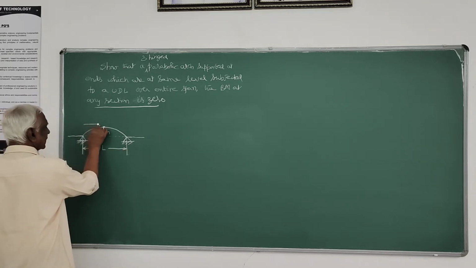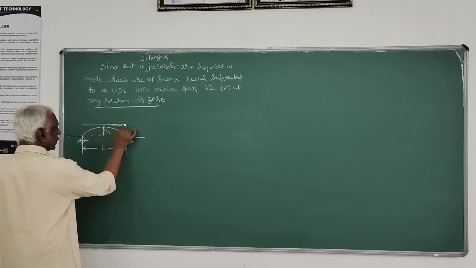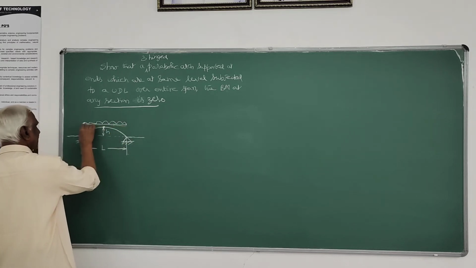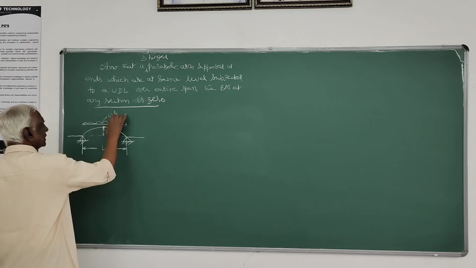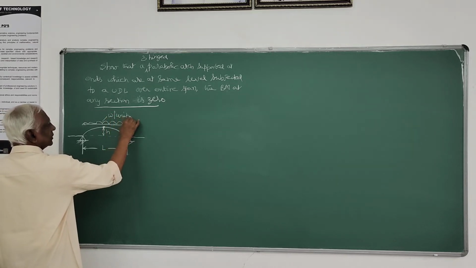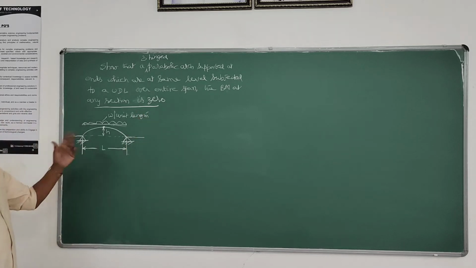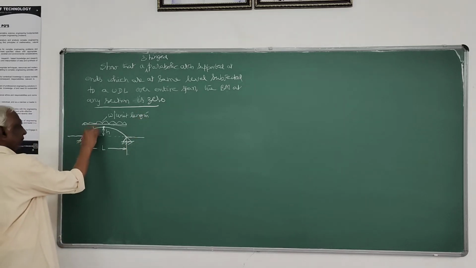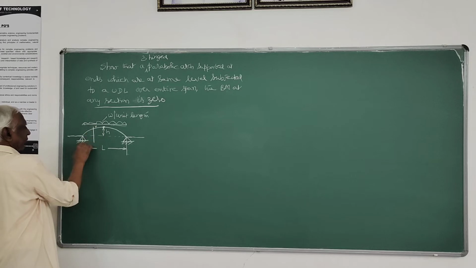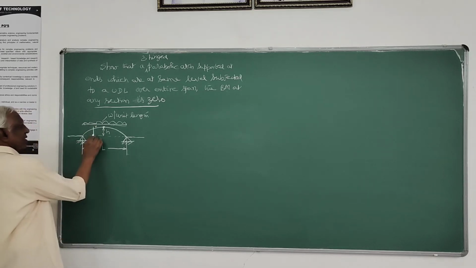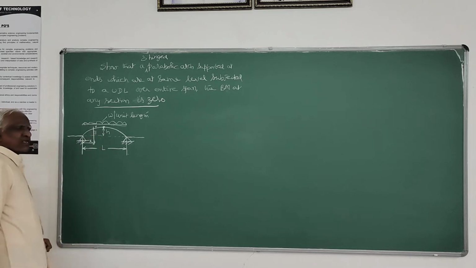This is subjected to a uniformly distributed load over the entire length, W per unit length. If you take any section X, the bending moment at this section X is zero. That is what you have to prove.